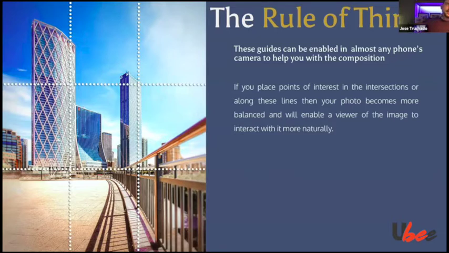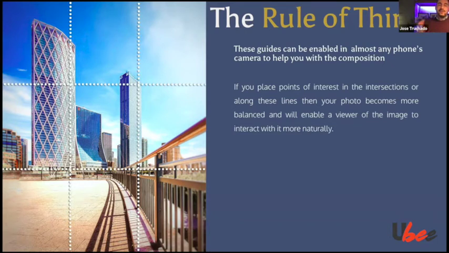And this is an example of a picture that I took here in London of Canary Wharf. And you can see how I used the rule of thirds. The rule of thirds means that you're dividing the picture into 9 different sections. So it's 2 horizontal lines and 2 vertical lines cutting each other at equal distances.